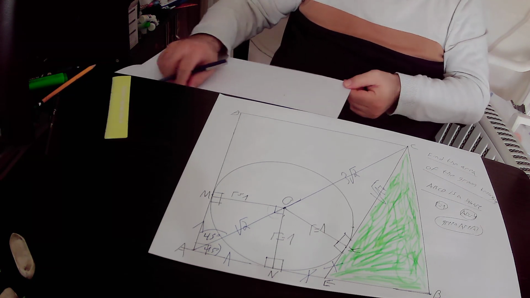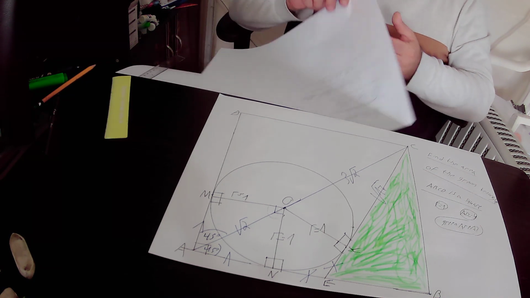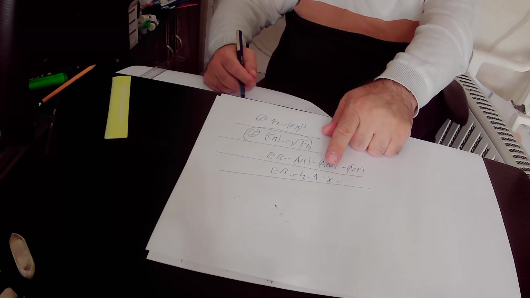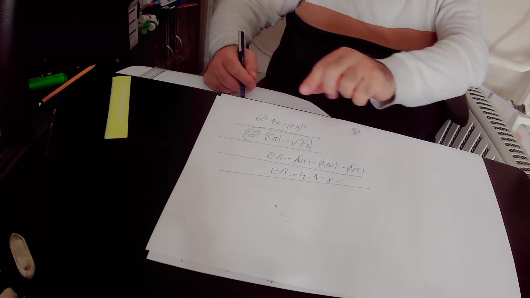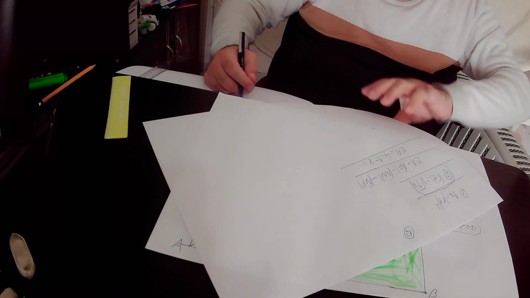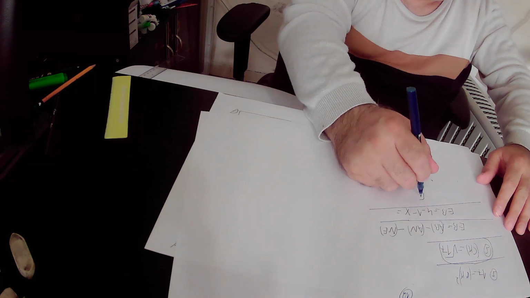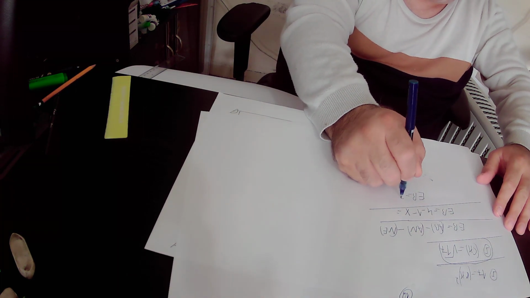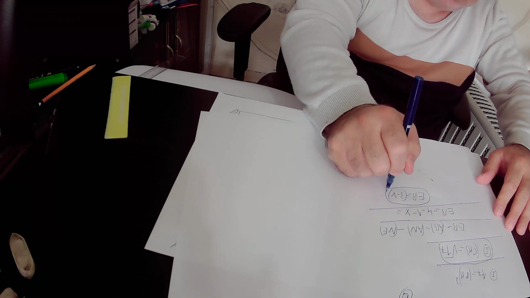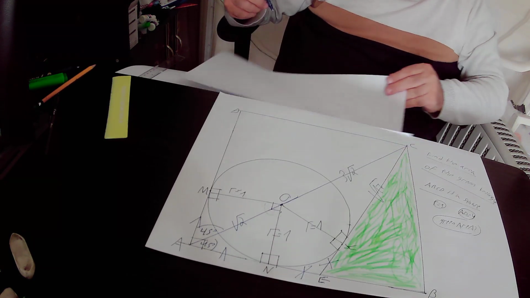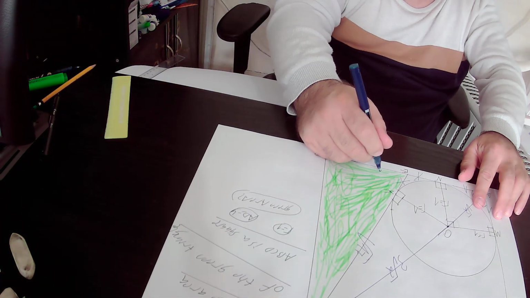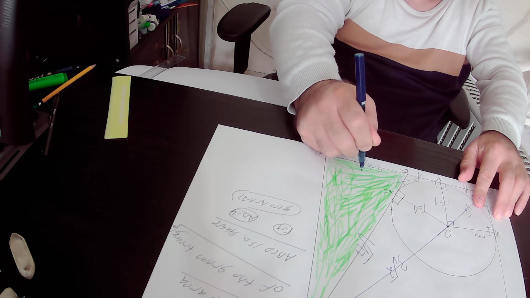So in conclusion, EB equals 4 minus 1 minus X. 4 minus 1 is 3, so EB equals 3 minus X units.